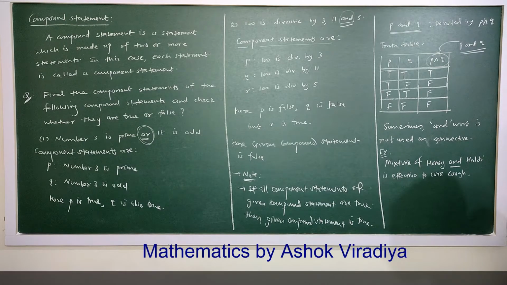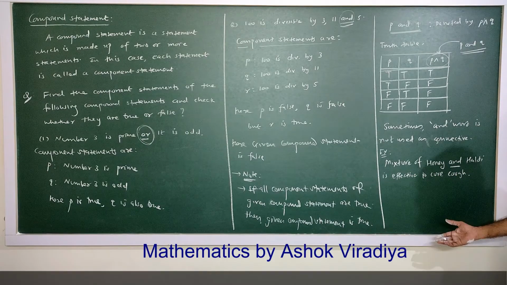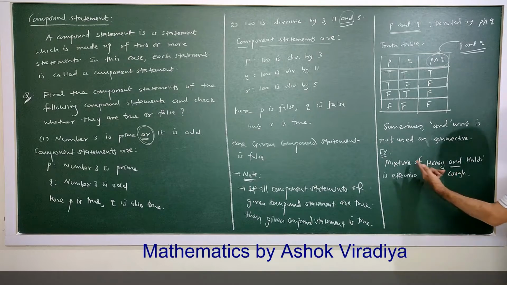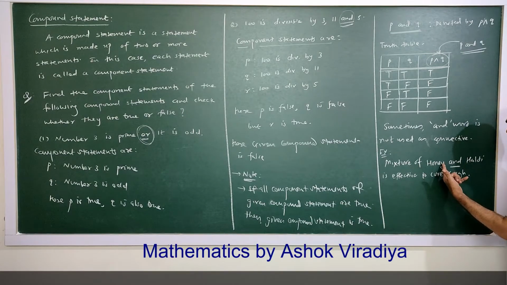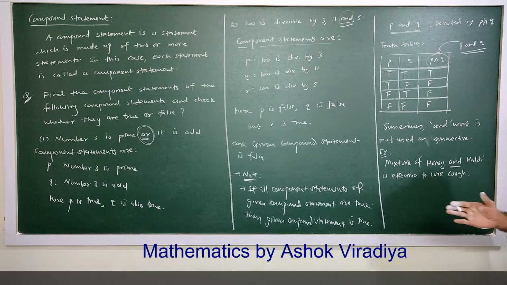If you try to find component statements, then what happens? See, mixture of honey is effective to cure cough. Meaningless statement. Mixture of honey is effective to cure cough. Mixture of haldi is effective to cure cough. That is meaningless.